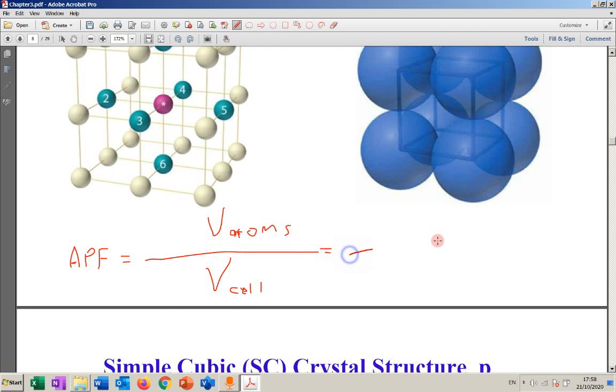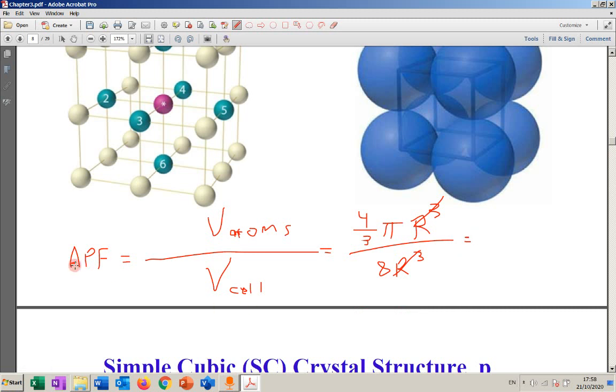So that's going to be, we had 8 r cube at the bottom, and at the top we had 4 over 3 pi r cube. So r cube is going to cancel r cube. I'm not going to multiply it by 100 here, but you can multiply by 100 as well.